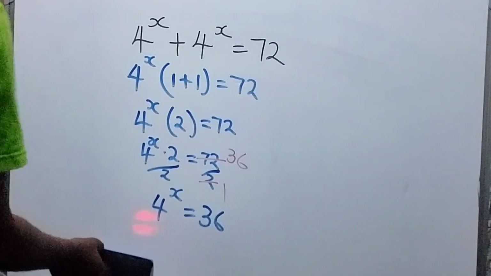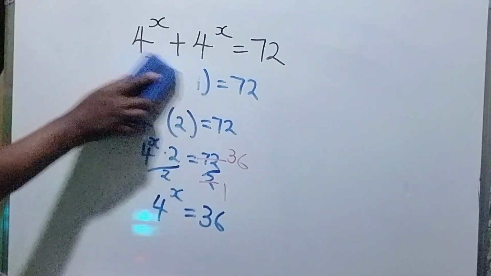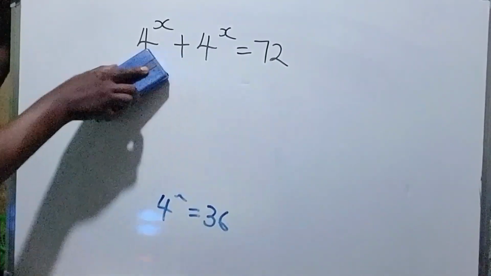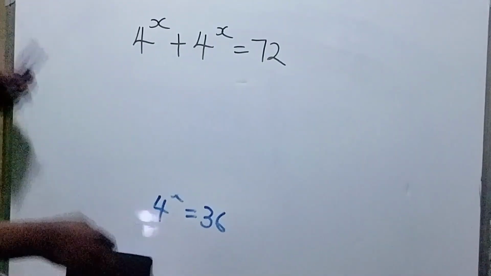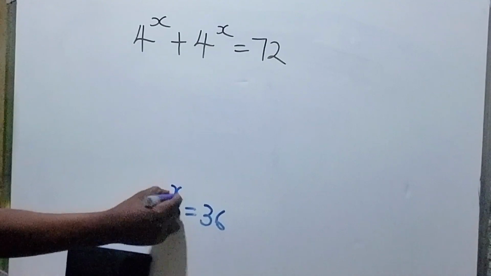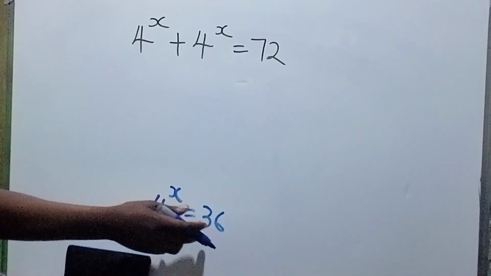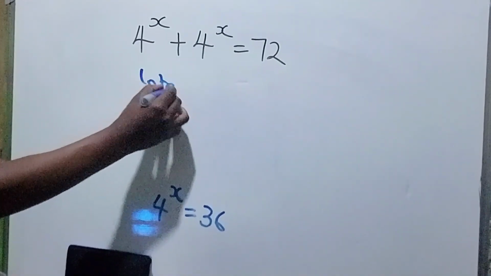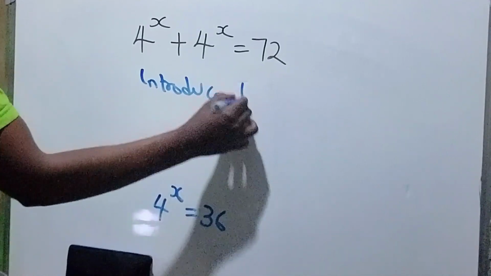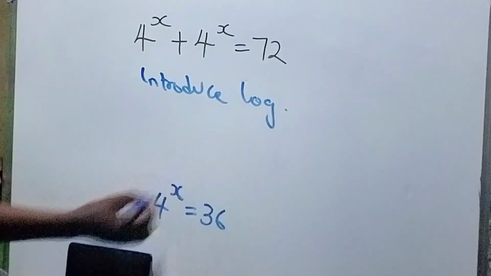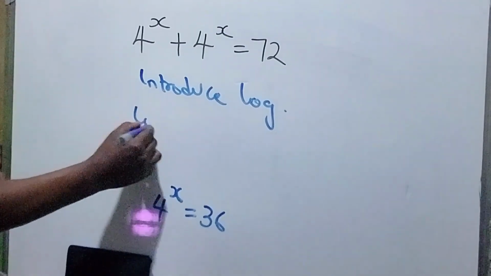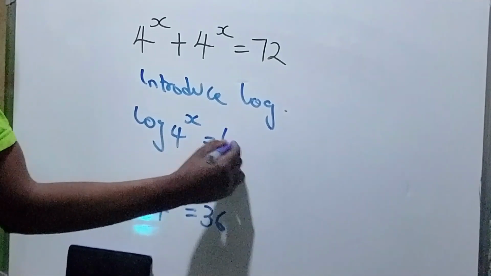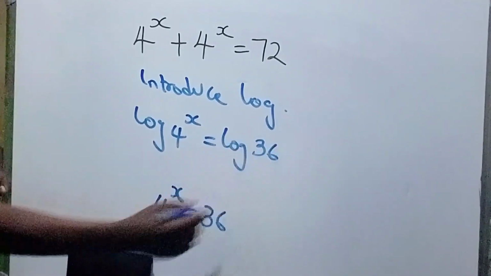So the next step from here, we introduce the log. So this quantity will be log 4 power x equals log 36.